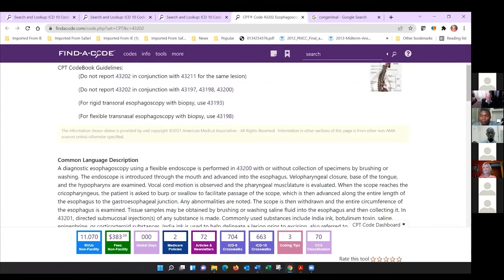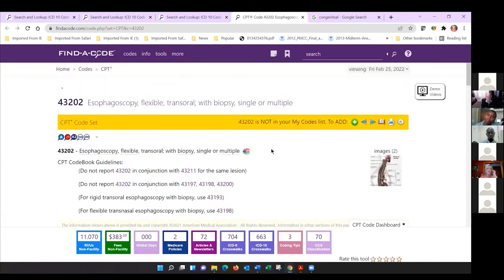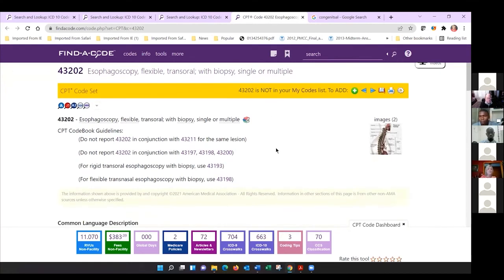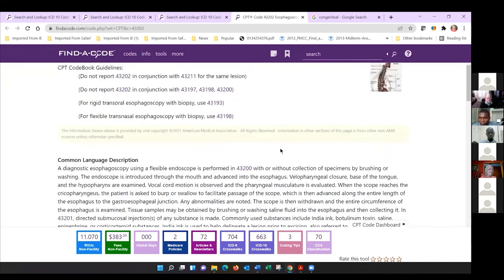Because let me tell you, let's say we had bleeding and he cauterized it, used a hot instrument to stop the bleeding. If we coded that along with this, there's a possibility it could get denied or somehow stall the claim, which slows down the physician's reimbursement. So we want to be careful that we understand.